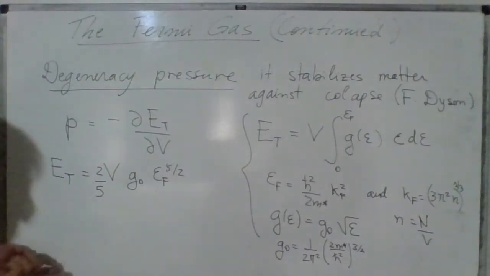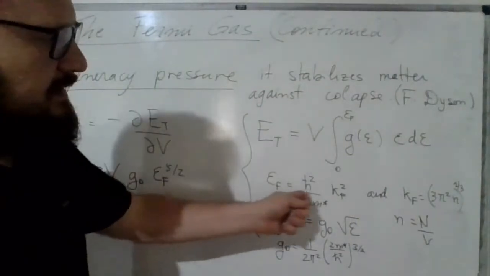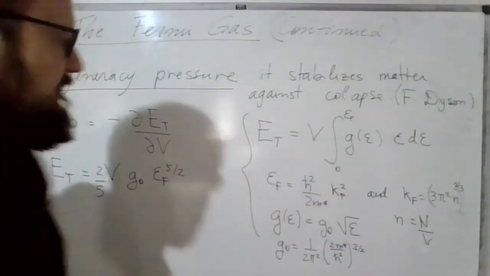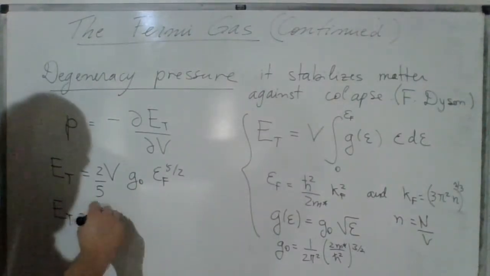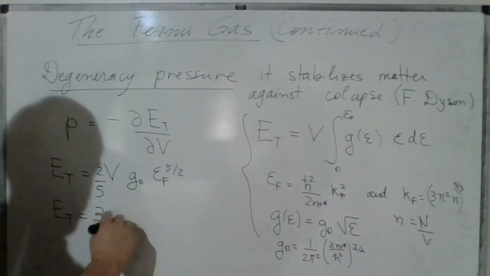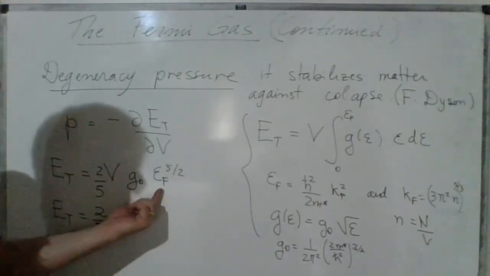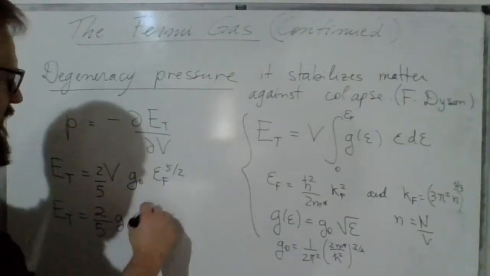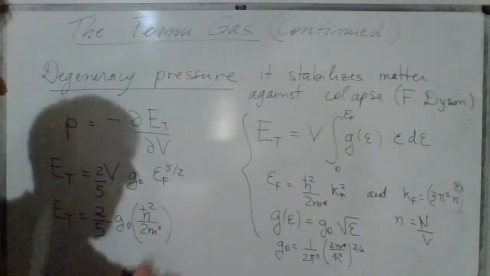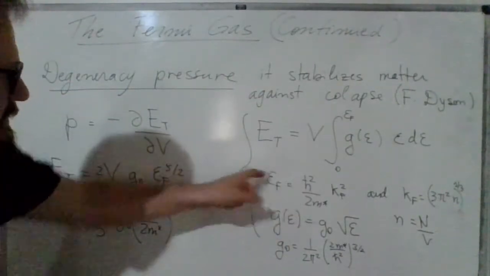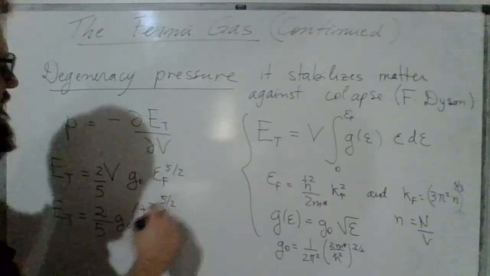Therefore, if you insert here the Fermi energy expressed by this formula, you'll find that the total energy of your system will be given by 2/5 of this G0 here, and inserting the Planck constant and mass, everything, this will be raised to the 5/2 power.